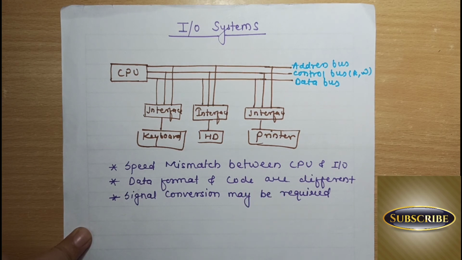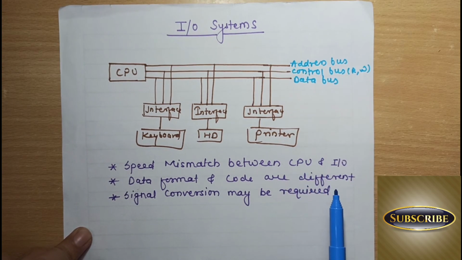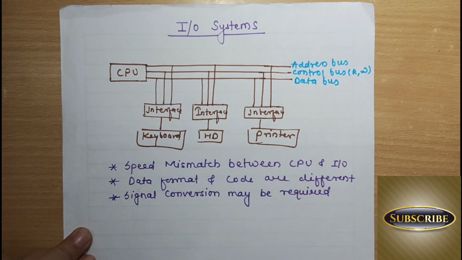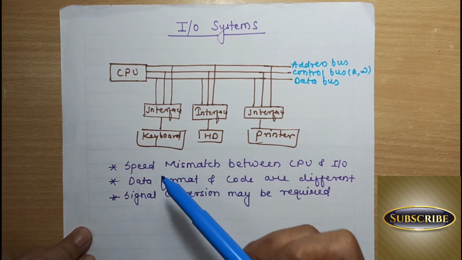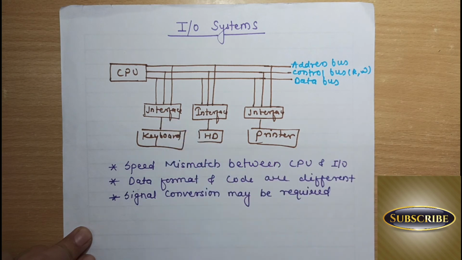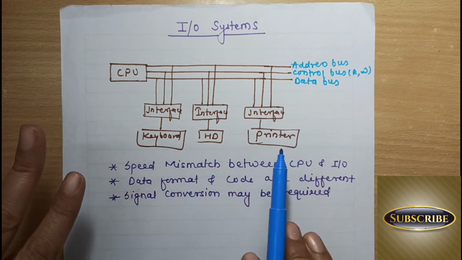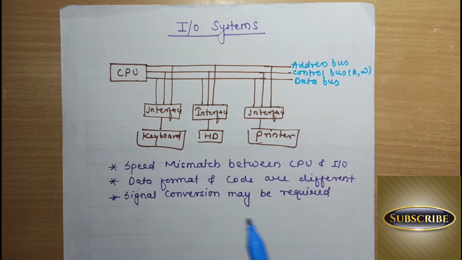So in this way our IO systems are connected with the CPU to perform some operations with these 3 buses. These 3 buses are connected with every device, and every input output device is connected with the interface in between, which will perform all these operations on its behalf. So before moving into the modes of IO transfer, these are the connections, how IO devices will be connected.